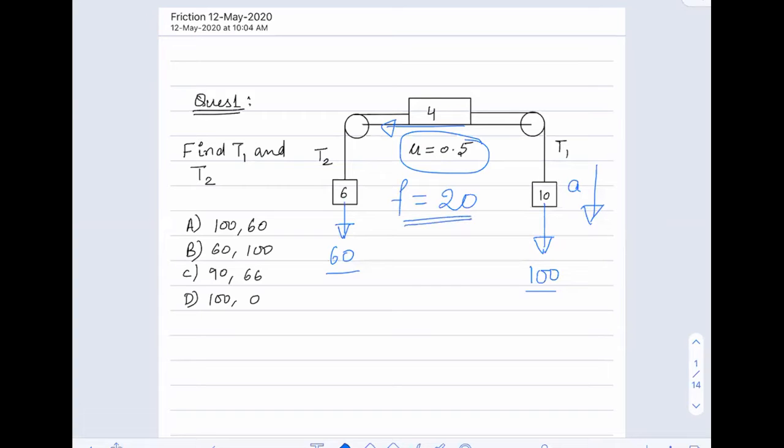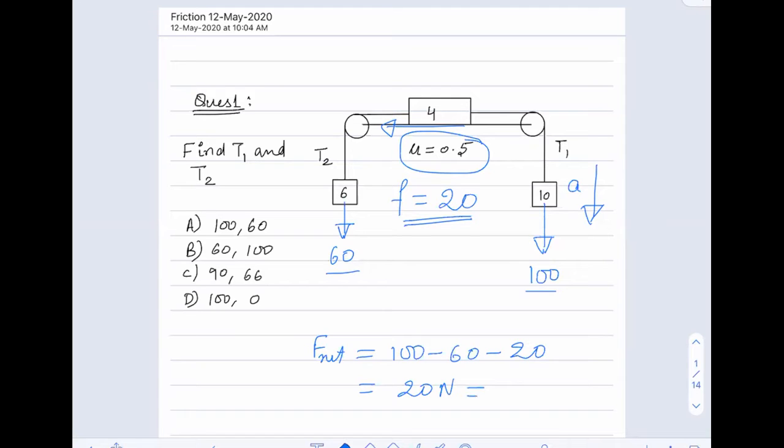Okay, the frictional force on this will be 20. So now the net force on the system will be how much? 100 minus 60 minus 20, and this is the net unbalanced force on the system. Okay, so this is 20 Newton.